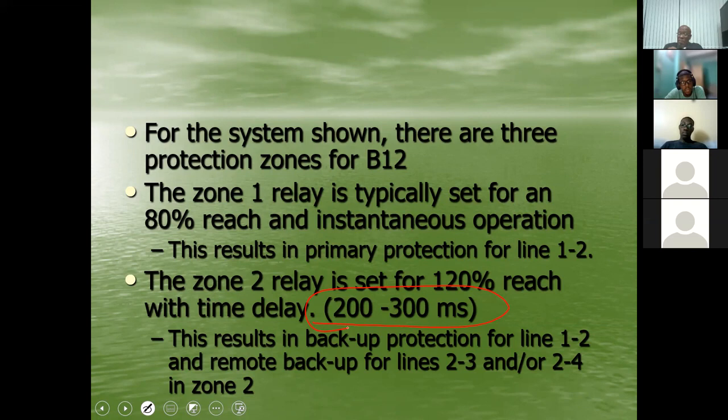For your zone 2 setting, that time t is 200 to 300 milliseconds. And if you have a zone 2 fault and the fault is not cleared in 200 to 300 milliseconds, then the relay at Old Hope will operate.